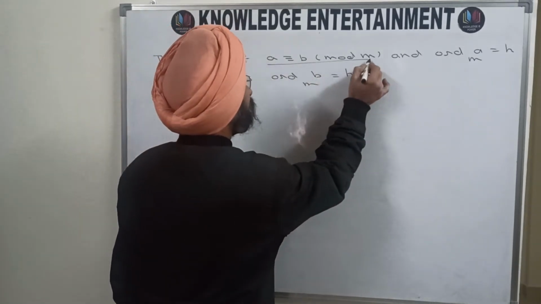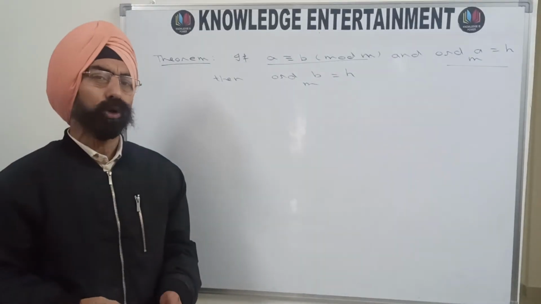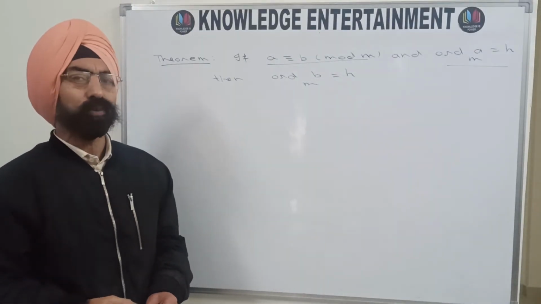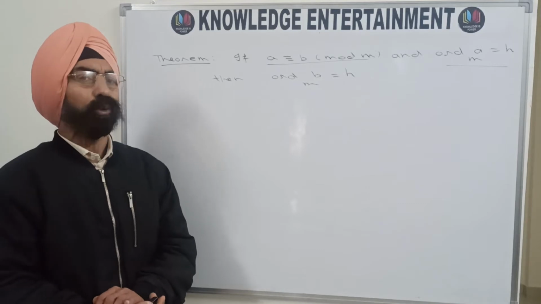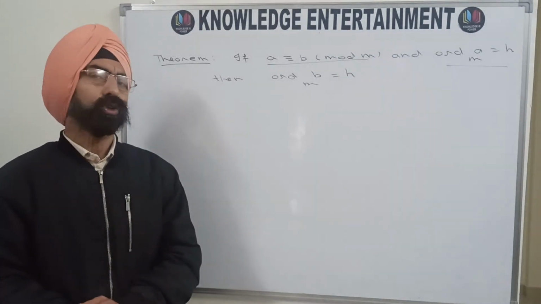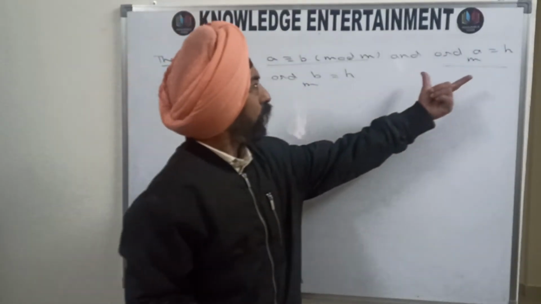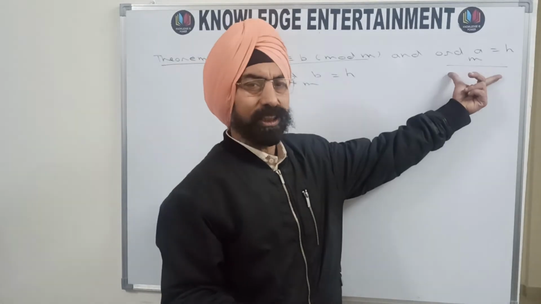This is given to us, this is also given to us, and we have to show that order of b modulo m is h. That means we have to prove that h is the smallest positive integer such that b raised to the power h is congruent to 1 modulo m. First of all, order of a modulo m is given to be h.